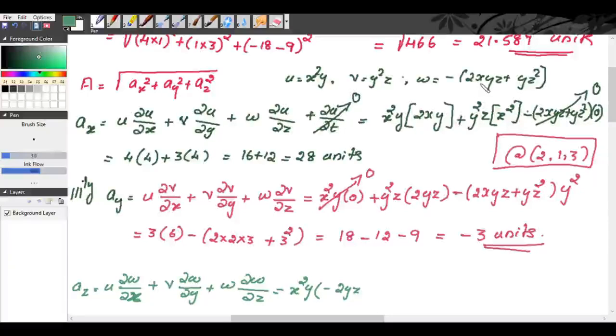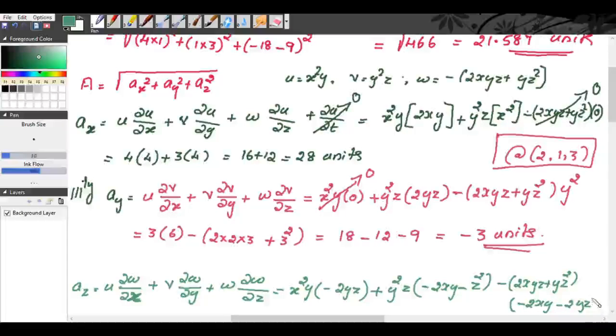So it is minus 2yz plus v is y square z into dou w by dou y. So it is minus 2xz minus z square. Then plus w, that is minus 2xyz plus yz square into dou w by dou z. So we get dou w by dou z, so we get minus 2xy minus 2yz.